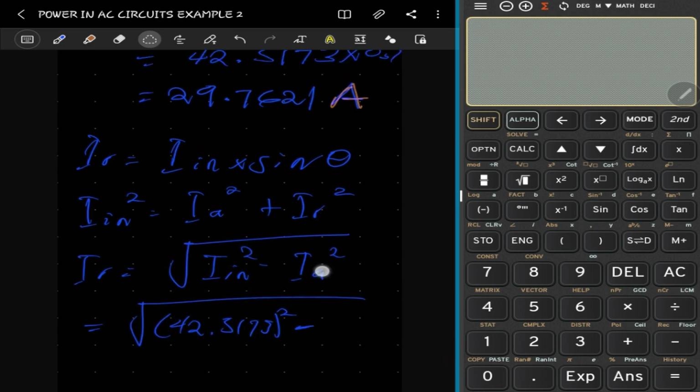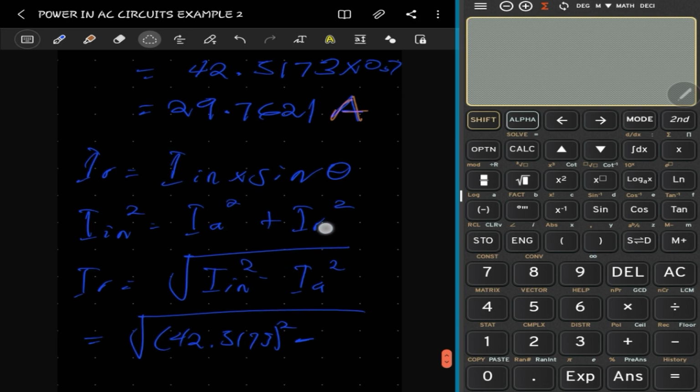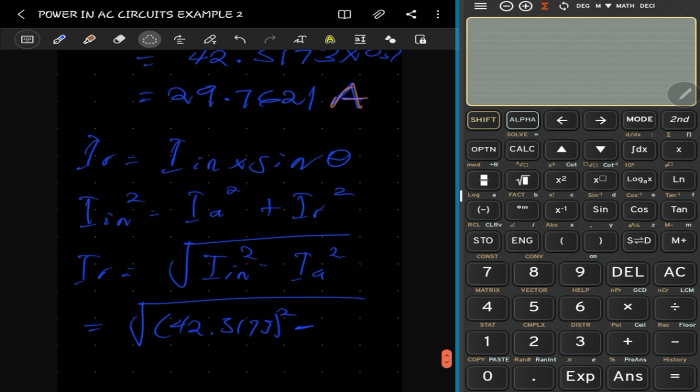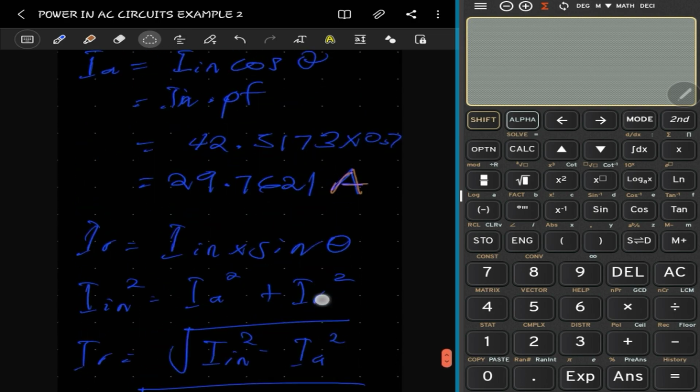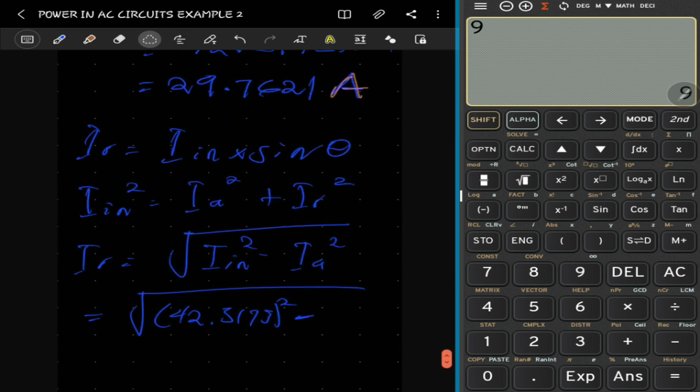The work always becomes easier if you know the equations and which ones to use to get what you want, right? So let's see what we get.